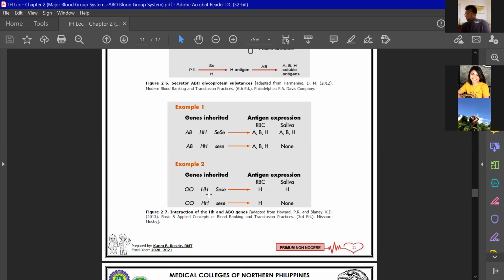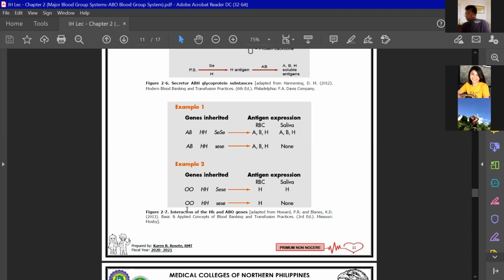But since na-inherit niya ang big letter H, and the H gene has a detectable product, which is the H antigen, meaning may H antigen on the red cells. And since the individual also inherited the big letter SE, meaning secretor siya, kaya may H soluble antigen dun sa kanyang saliva, or body secretions and other body fluids.